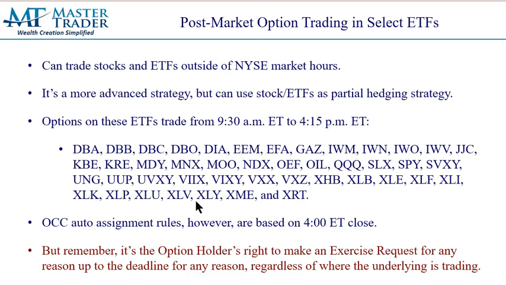And the only reason that they would make an early exercise notice if you were long a call, because when you make an early exercise notice early, meaning, a day, a couple hours or a couple days before the 4 p.m. market close on day of expiration, you are forfeiting your extrinsic value. So why would you do that? And there's just one exception you just got to kind of be aware of, and it revolves around dividends.